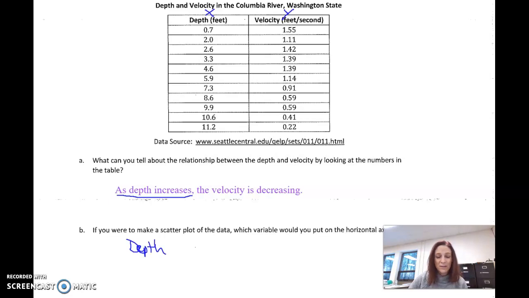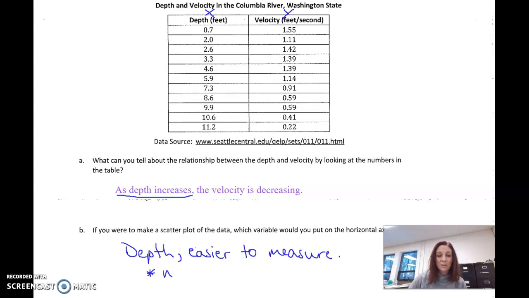Sorry for my poor spelling. This is why I usually just type things out. I would put depth, and the big reason is it's easier to measure. We want it to be increasing.